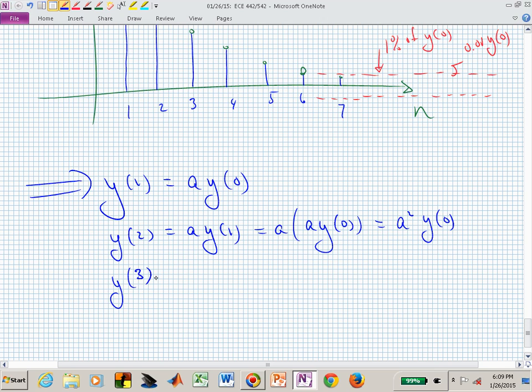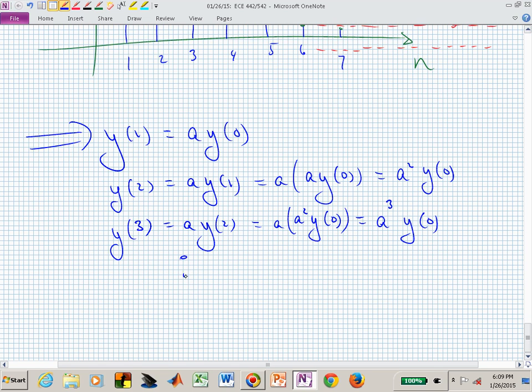Y of 3 is a times y of 2, which is a times a squared y of 0, which is a cubed y of 0. We're engineers. We see a pattern. What do you see? What's y of capital N?